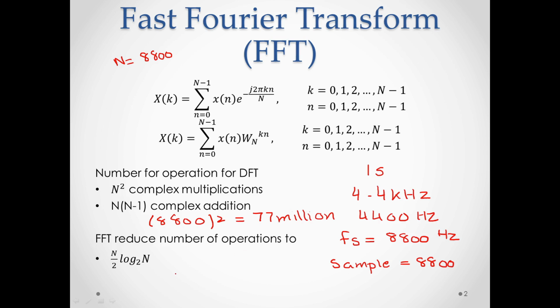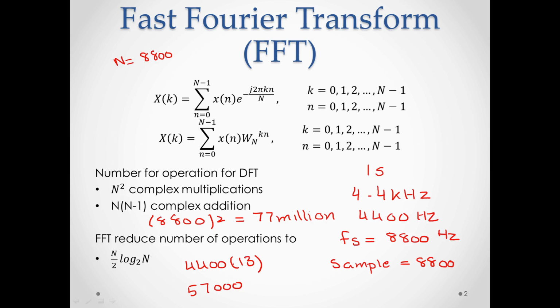Whereas if the same sample's Fourier transform is calculated using FFT, the answer that we will get would be 4400 into 13, which is equal to 57,000 complex computations.